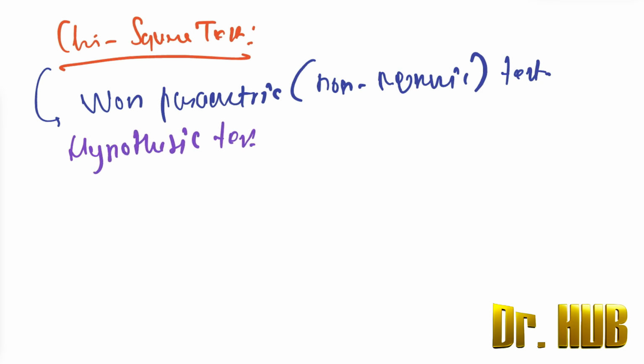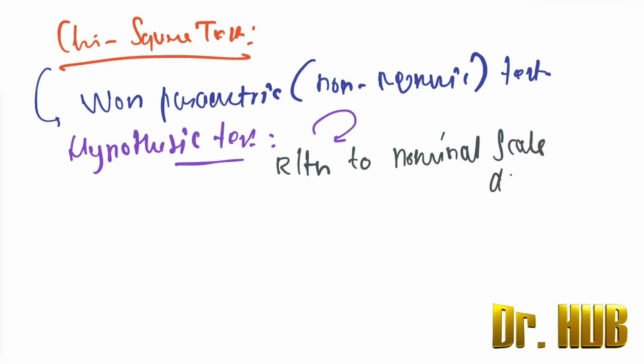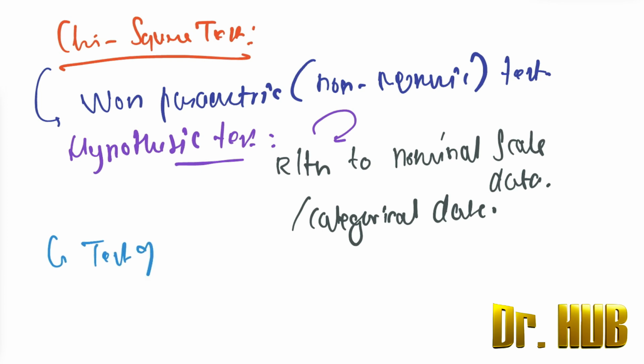It is a hypothesis test in relation to nominal scale data, or categorical data, and it is a test of proportion and association.